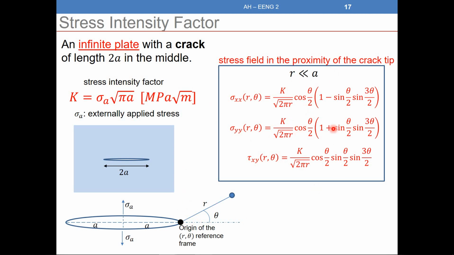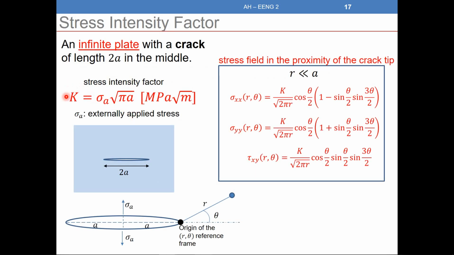Now these are the formulas. What we need to understand from this part is that, using the stress intensity factor, that's the first objective, we can find the stress field around the crack at any point. We don't need to memorize this. We just need to understand that it can be used to find the stress at any point in the vicinity of the crack.